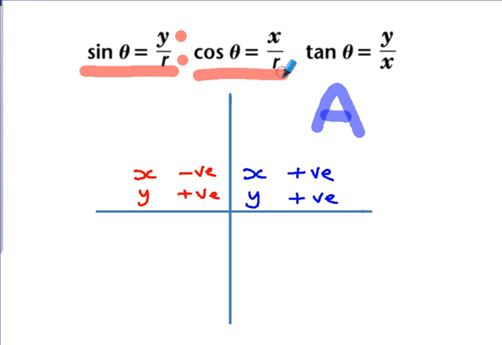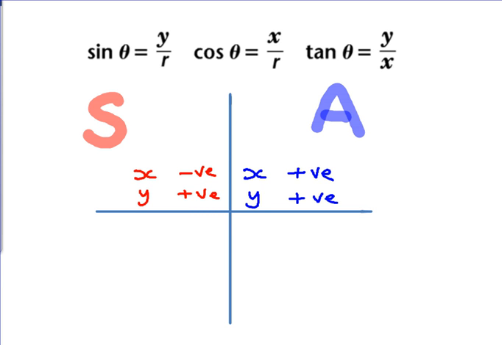But cos theta is x over r and x is negative. So cos theta, for any value of theta in the second quadrant, will be negative. Tan is y over x, which is something positive divided by something negative. So again, that will produce something that's negative. So what we're saying is angles in the second quadrant, it's only the sine ratio which will produce something that's positive.